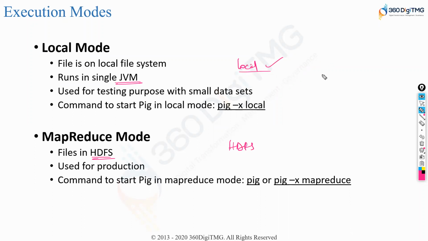While executing, mind you, it uses MapReduce capabilities, but storage is HDFS or local. Now, if you're working on production level data, or you have large data on which you want to execute tasks, then you use HDFS as the storage.